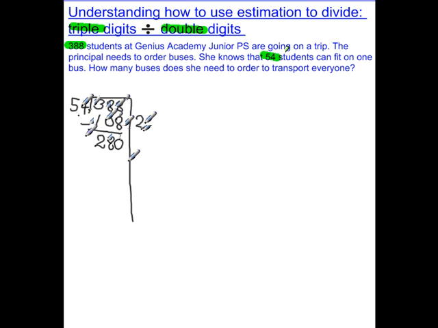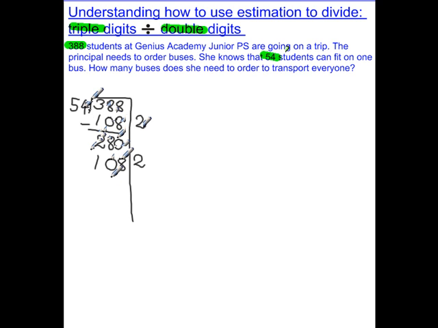Okay. So I have 280 left to share out. 280 students left to fit into buses which each hold 54 students. So we already know that 2 times 54 is 108. That's still less than my remaining 280. So let's try doing the same thing again. I'll give away 2 sets of 54. 2 sets of 54 is 108.